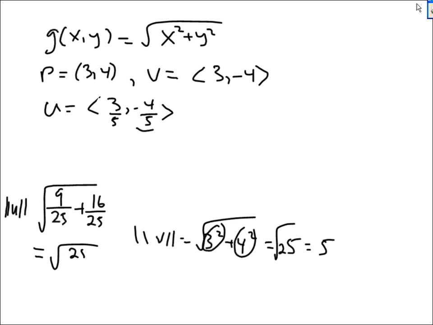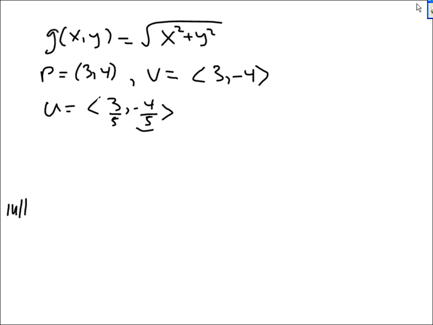But that's 25 over 25, the square root of that. The square root of 1, which is 1. The length of u is 1. Find the length of v and divide v by that length, whatever it is. And you will then have a unit vector. Okay, so we have the unit vector, which is good. Now we have to find the gradient. The gradient of g.